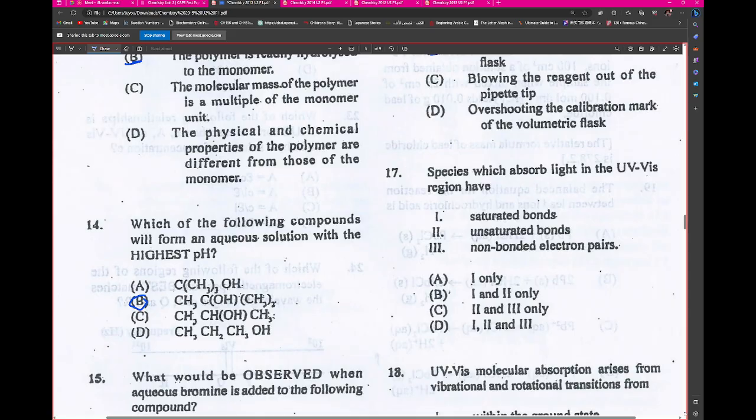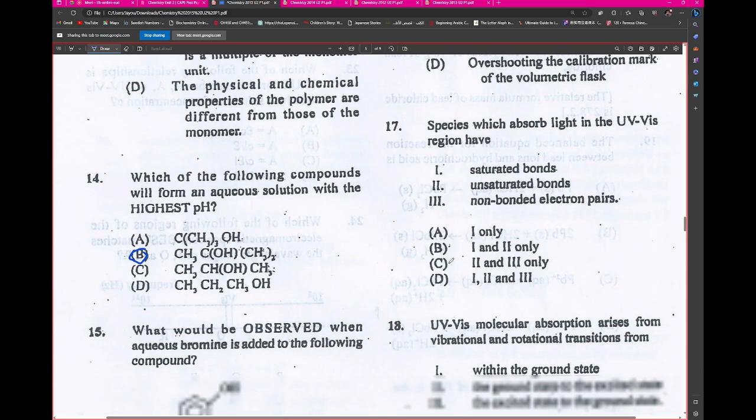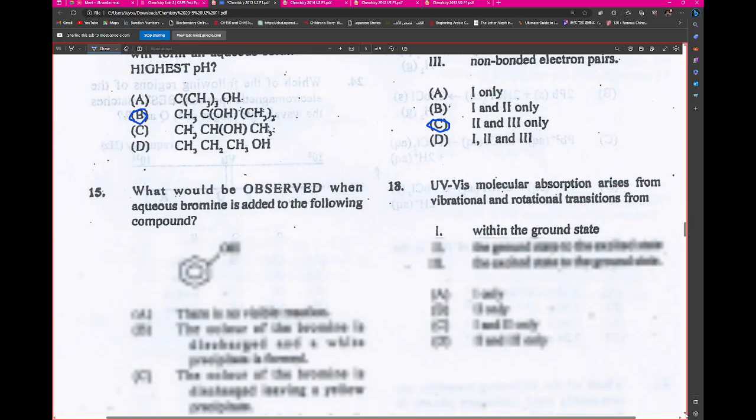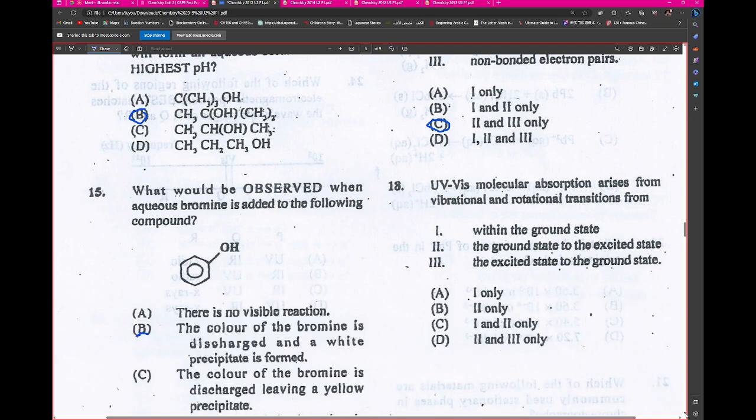17. Species which absorb light in the UV-vis region have. C. Alright, 1, 3, wonderful. Alright, UV-vis absorption arises from vibrational and rotational transitions from. I'm thinking B. Wait, no, I'm thinking A. I'm really not sure.